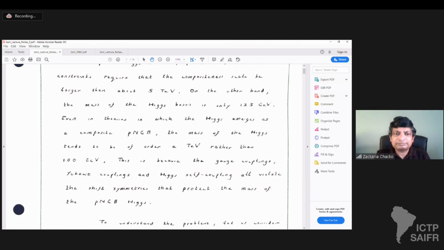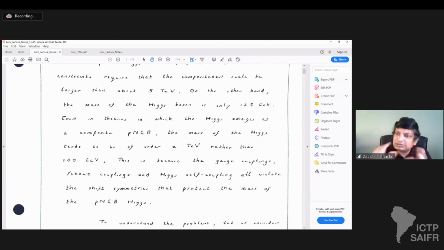And there's a reason for that. It's because a Goldstone boson is supposed to be derivatively coupled. It's supposed to have shift symmetries. But the Higgs has gauge couplings, it has Yukawa couplings, it has a self-coupling, and none of those are derivative couplings.